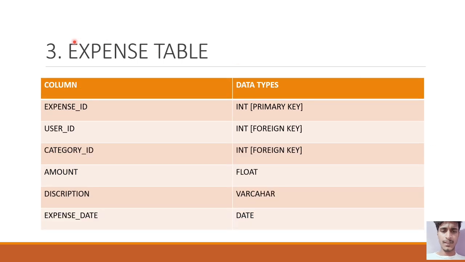Next is the expense table. For this I have added many columns: expense ID, user ID, category ID. For this user ID and category ID, I used foreign keys to link the tables. So we linked the user table and the category table to the expense table, and for that we use these foreign keys.